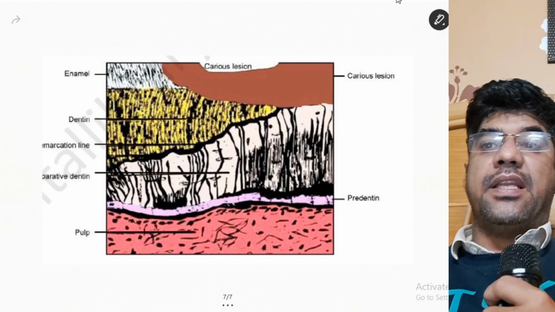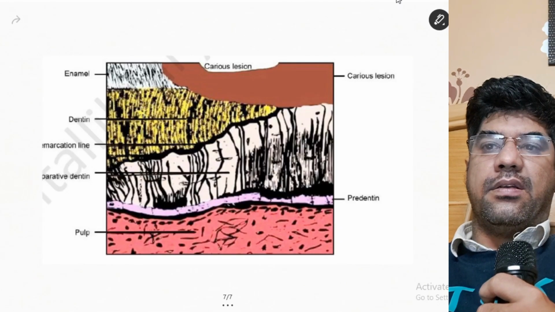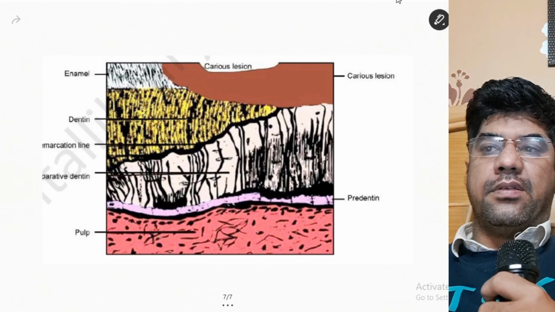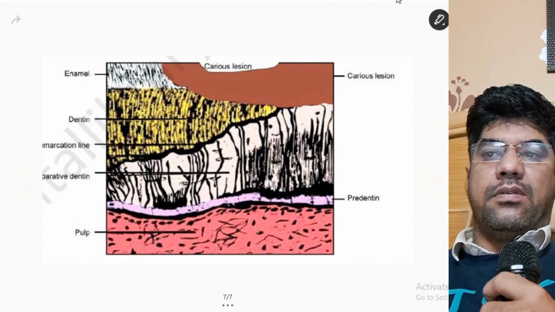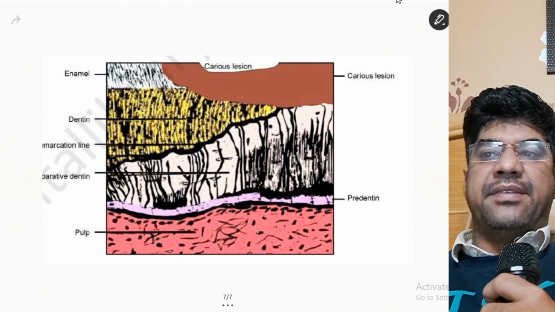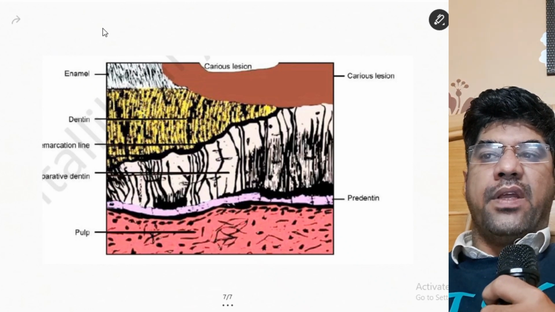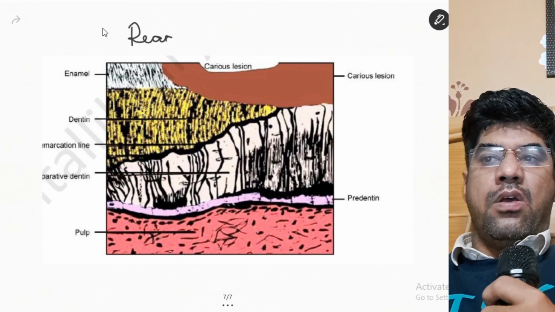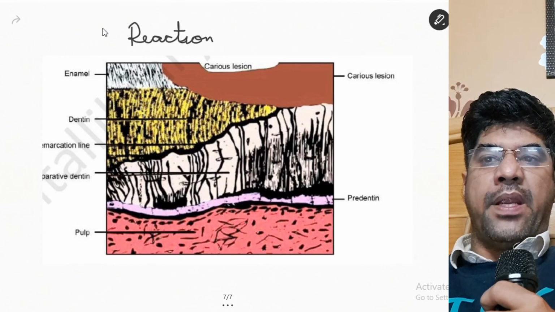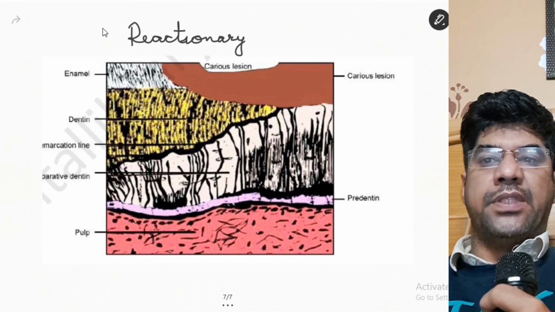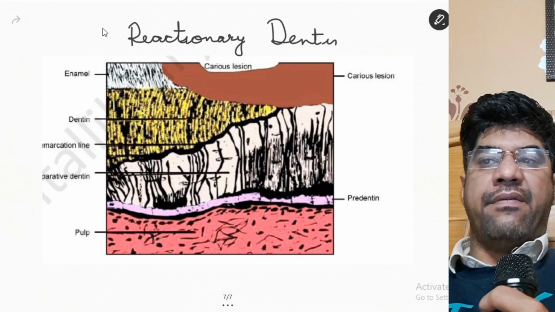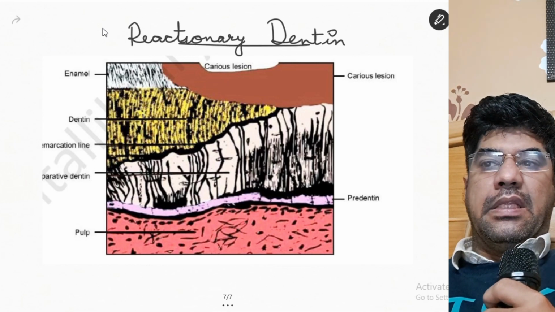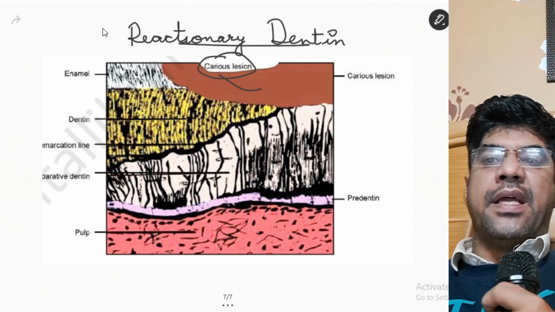What is the reactionary dentin? In cases where there is caries or exposure to operative procedures, abrasion, or erosion, if the odontoblasts survive, they will produce a dentin.